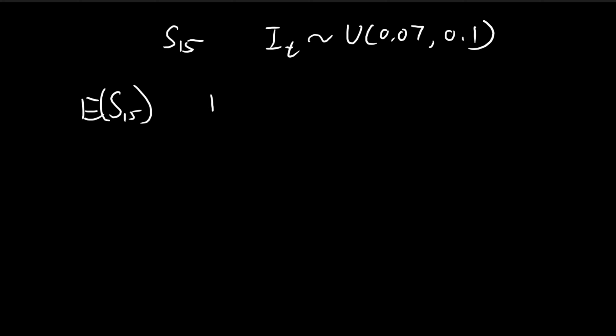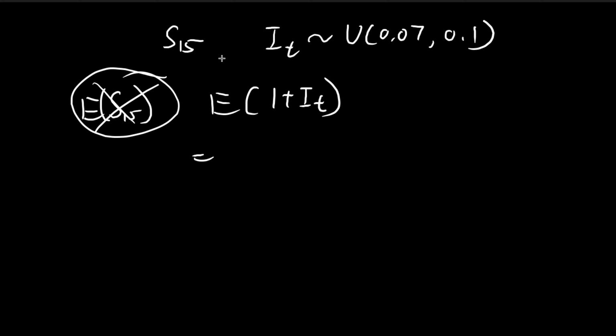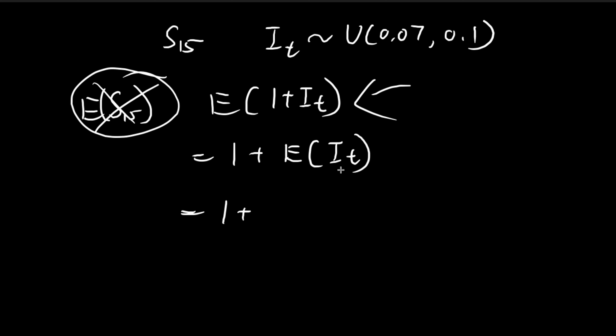Before we do all that, I'd like to solve for this expression first, because it's going to come in handy later on. So let's set this aside and find this first. We have the expected value of 1 plus i_t. 1 is just a constant, so I can write it out like this, and i_t is a random variable.